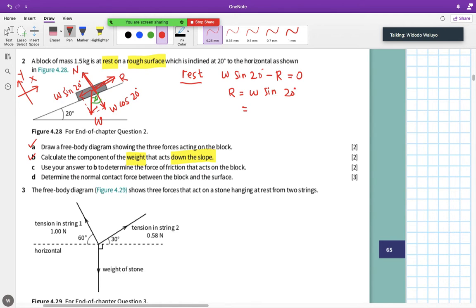The mass is 1.5. Let's say we use gravitational acceleration as 10. W is mg, times sine 20. This is about 5.13, yeah, about 5.1.